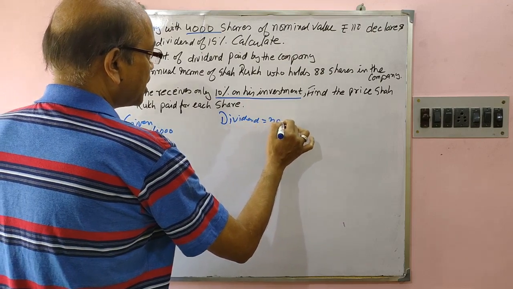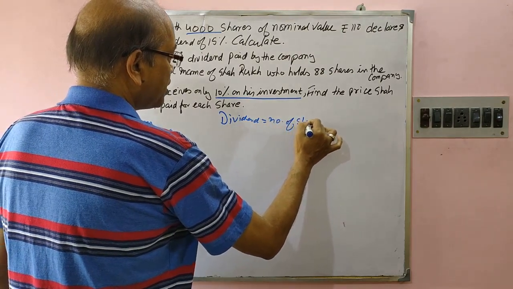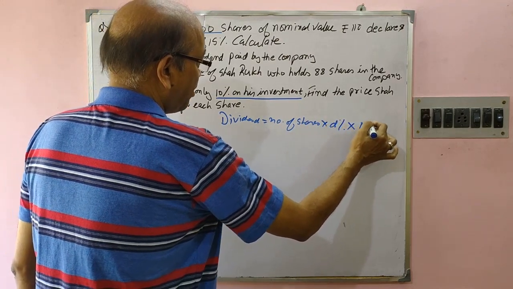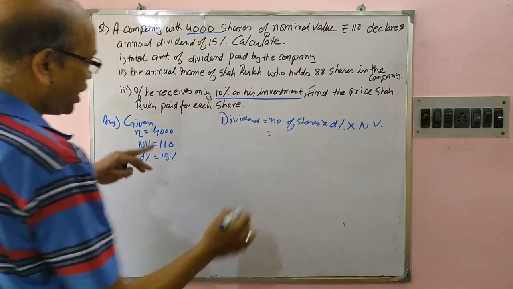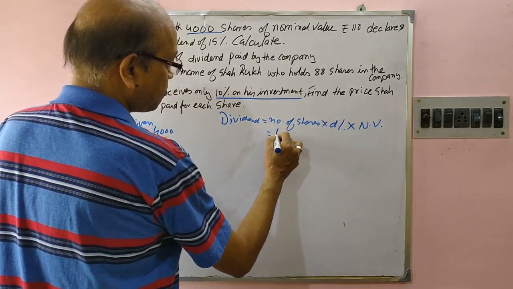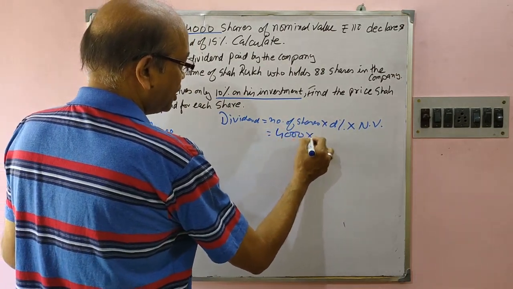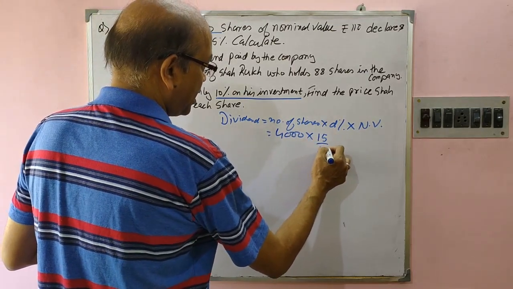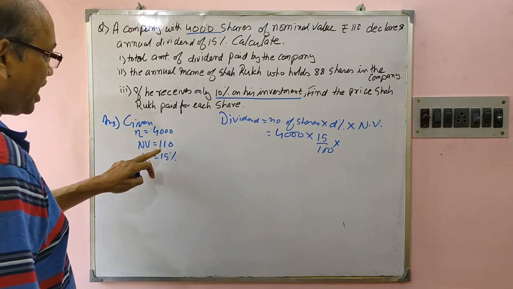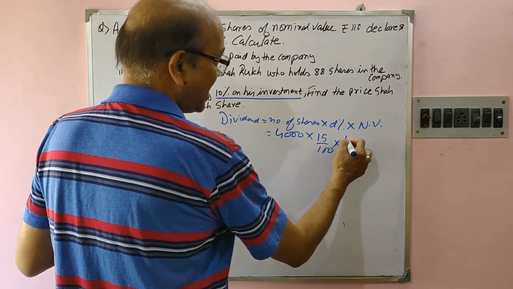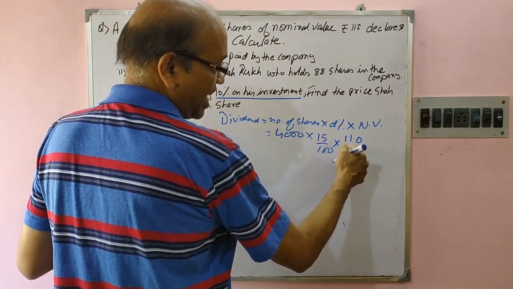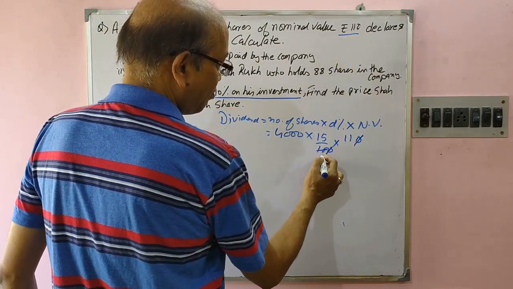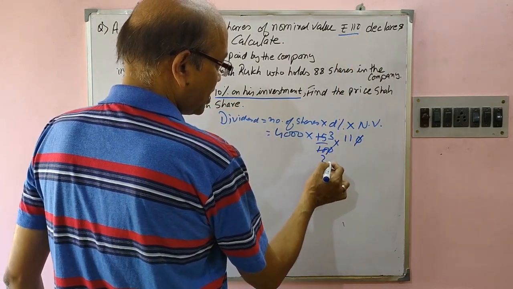Dividend is number of shares into D percent into NV. So number of shares was 4,000, D percent 15%, that is 15 by 100, into NV. NV was 110, not 100, 110. Here it says 5 2s are 10, 5 3s are 15.